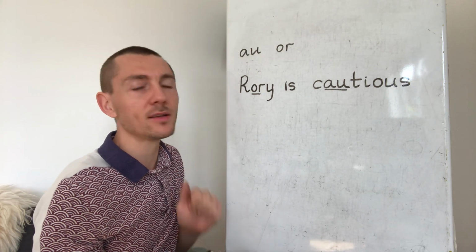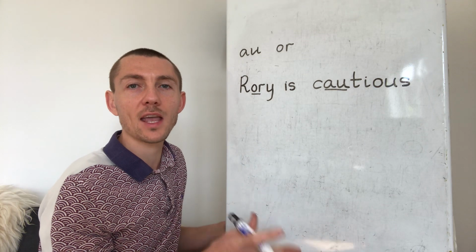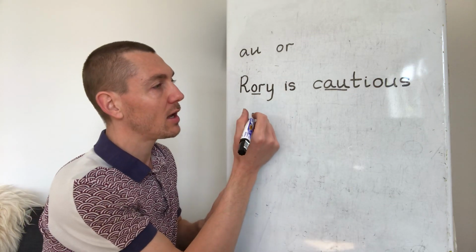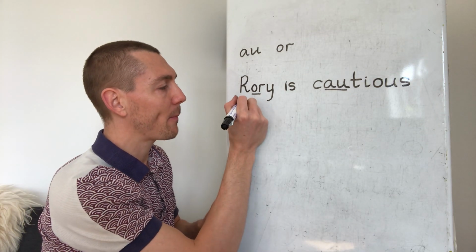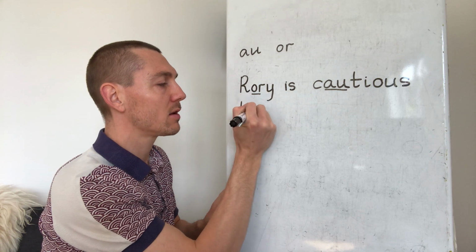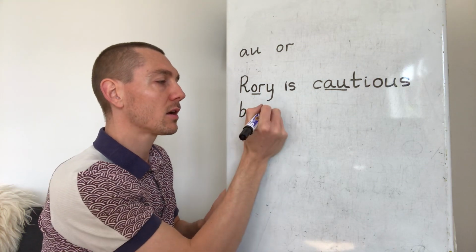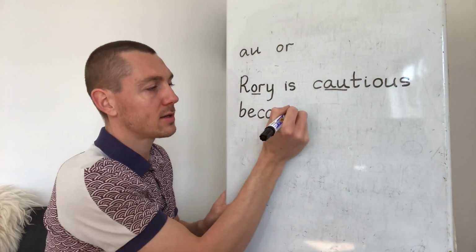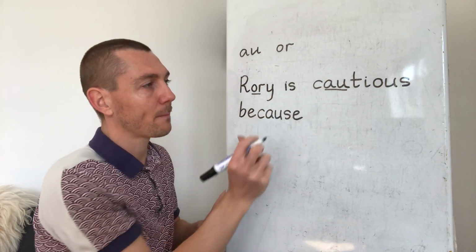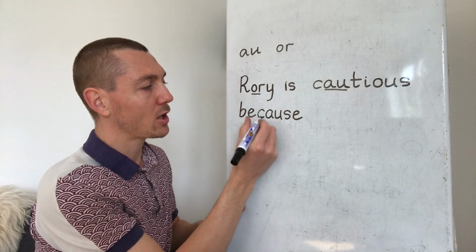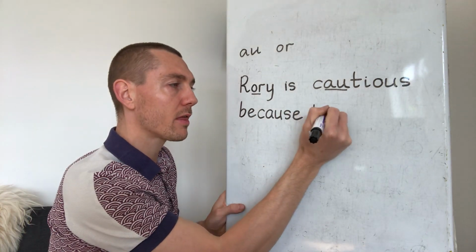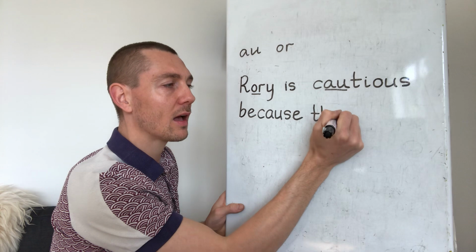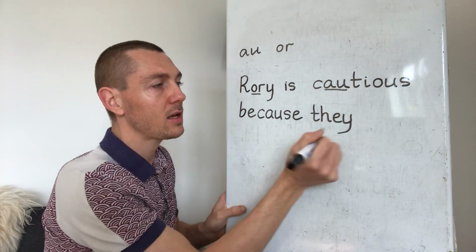So next 3 words, because they have. And we say because. B, I, K, O, Z. Because, they have.